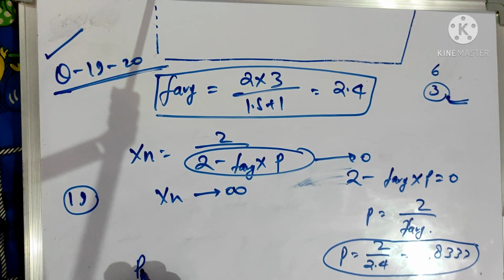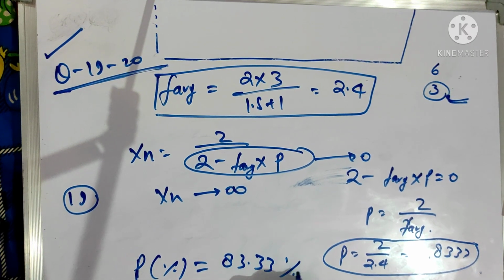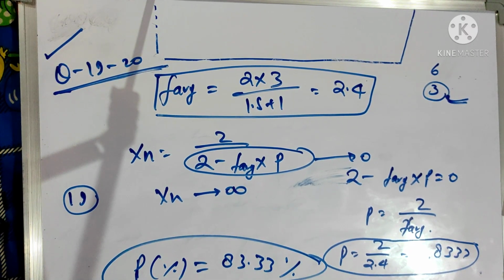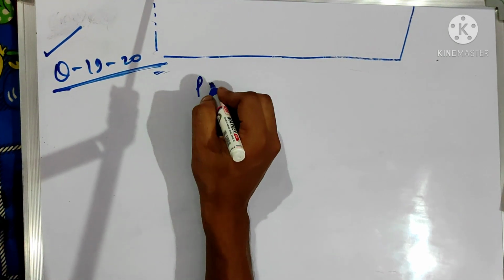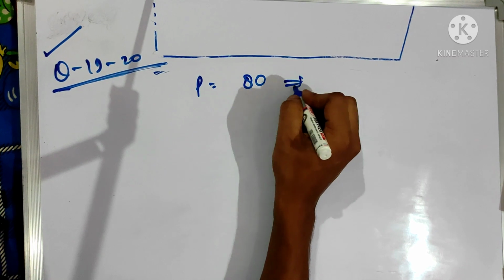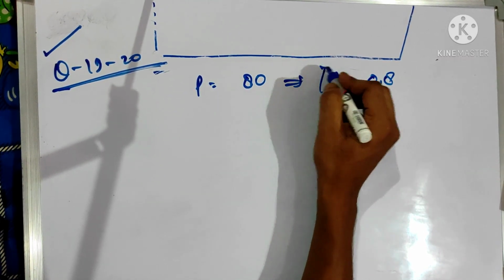So the extent of reaction in percentage is equal to 83.3%. Given that the extent of reaction P is equal to 80%, the extent of reaction in fraction is equal to 0.8.